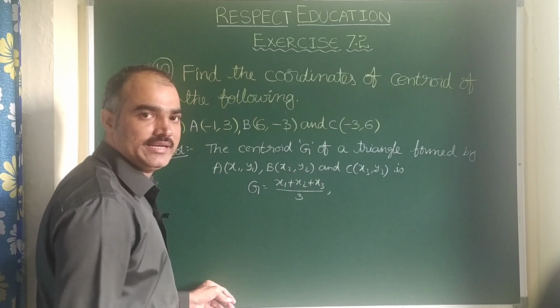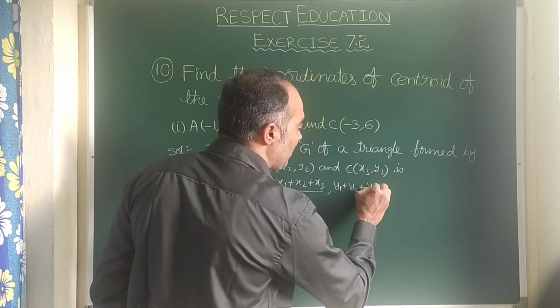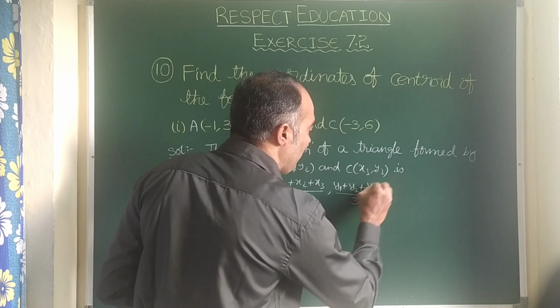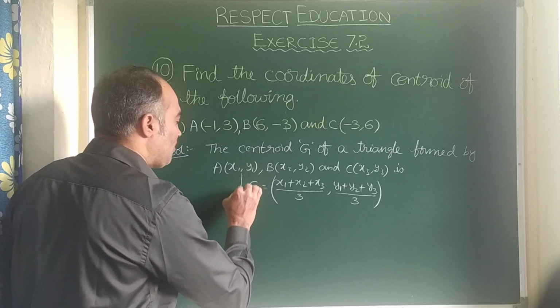This is the x coordinate. Same way y1 plus y2 plus y3 by 3. So this is the formula for a centroid.